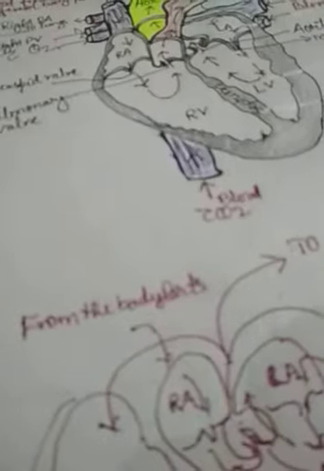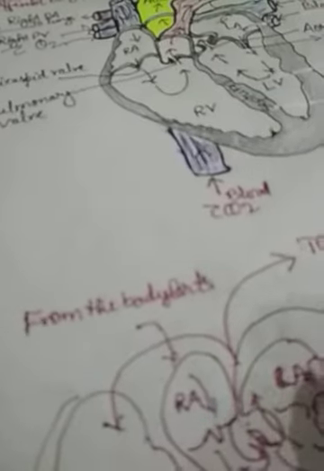right atrium, left ventricle, this is the right ventricle, and this is the LV and LA. So these are the 4 chambers, RA, RV, LA and LV, right side and left side.